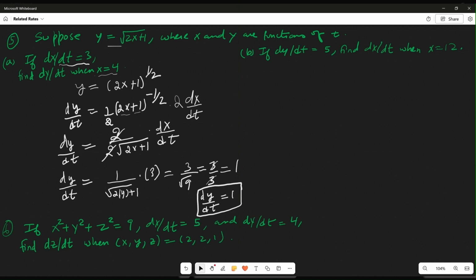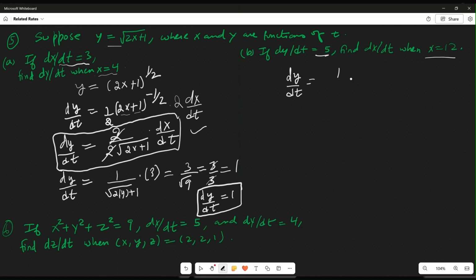If dy over dt is equal to 5, find dx over dt when x is equal to 12. Okay, so we have this original equation here that we can use for part B. It was simply 1 over the square root of 2x plus 1 times dx over dt. dy over dt is given as 5 and x is equal to 12.